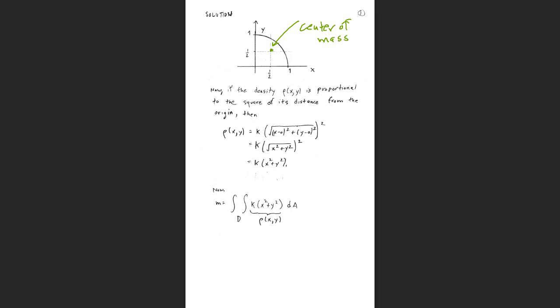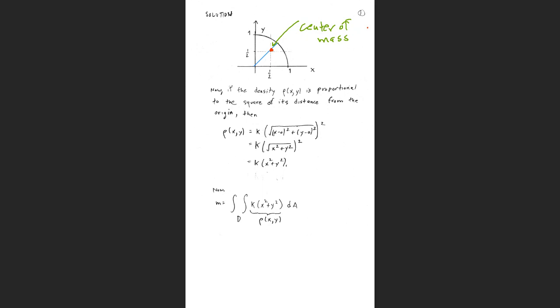If I were to draw a line segment from the origin to the edge of the lamina, and the center of mass, maybe I'll put it in red so it shows up a little better right there.